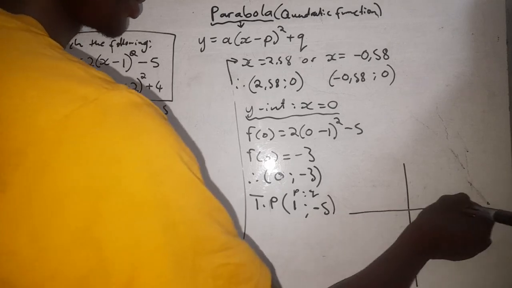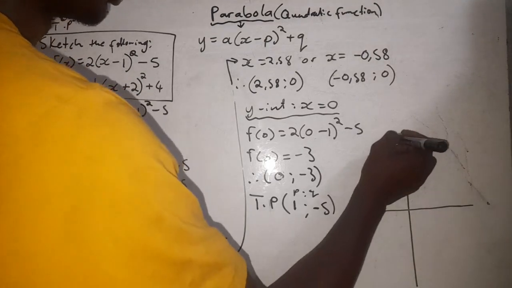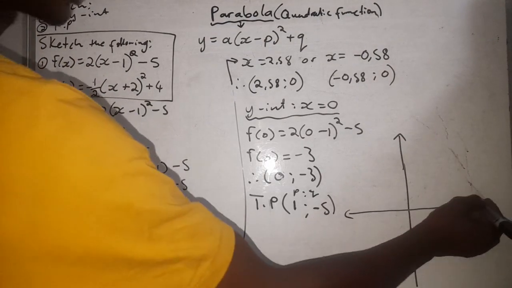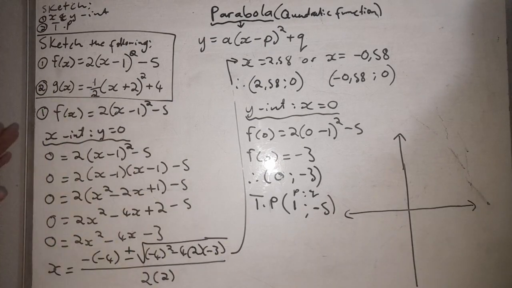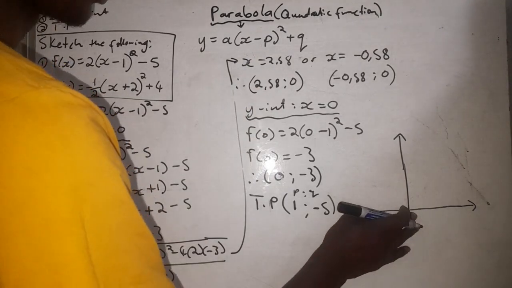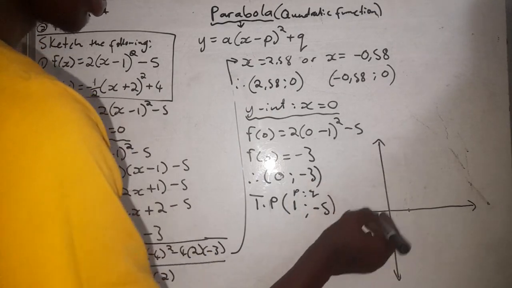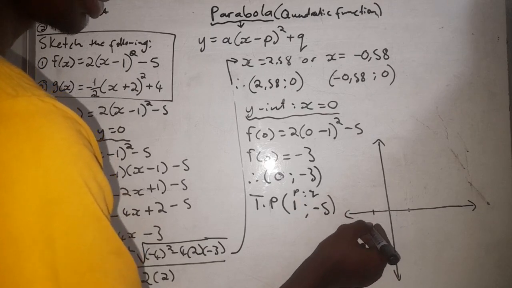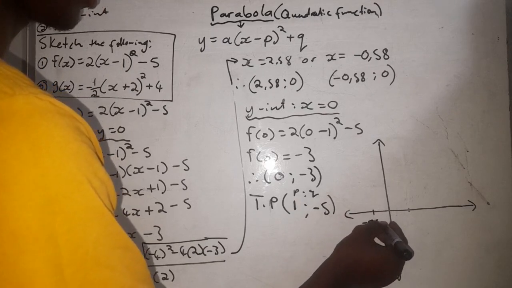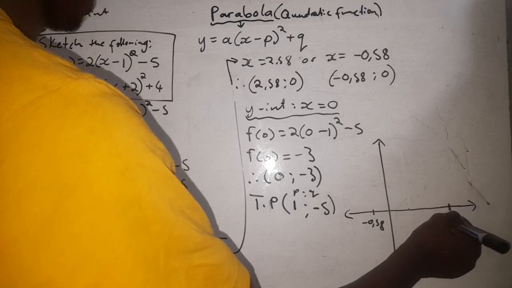Then to sketch, that's going to be too small, but here, let's sketch. Then plug in the points. We have the x-intercepts, negative 0.58 over here, then 2.58, I'm going to plug it over here.